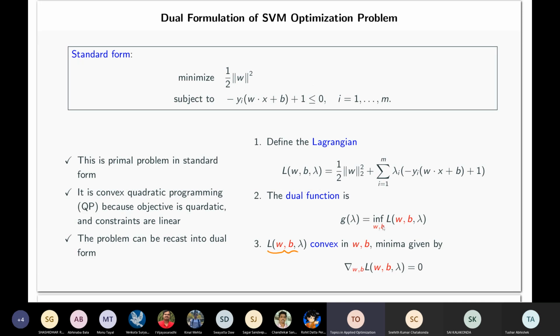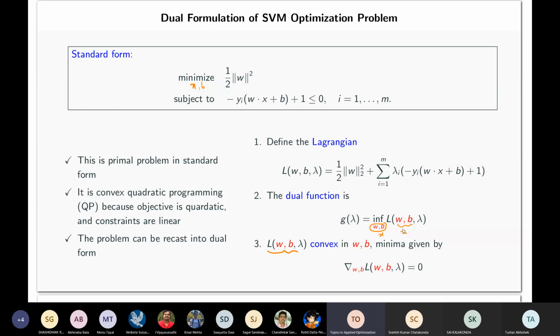In our case, this W and B act like the X variable that we have been talking about so far. You should not get confused about what is X and what is W, because here the problem is formulated in terms of W and B. These are the things you are supposed to minimize, so these are the unknowns in this case.